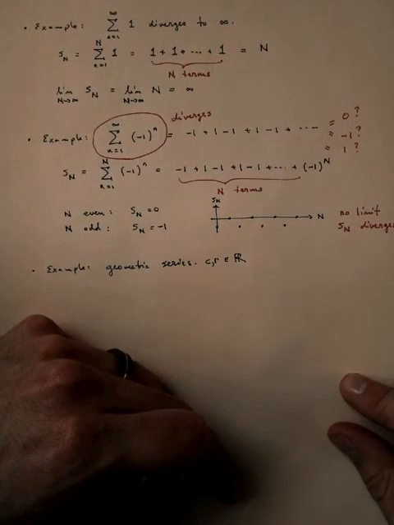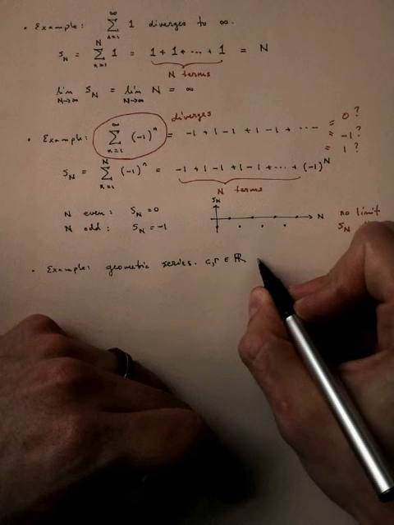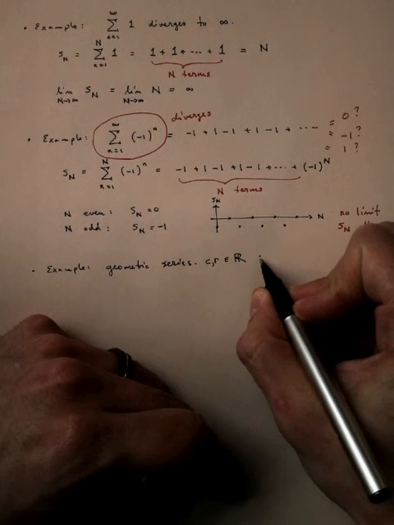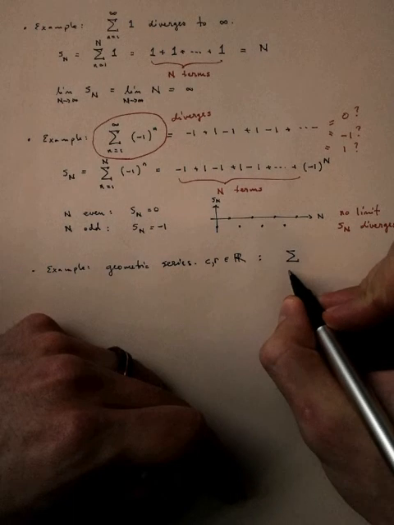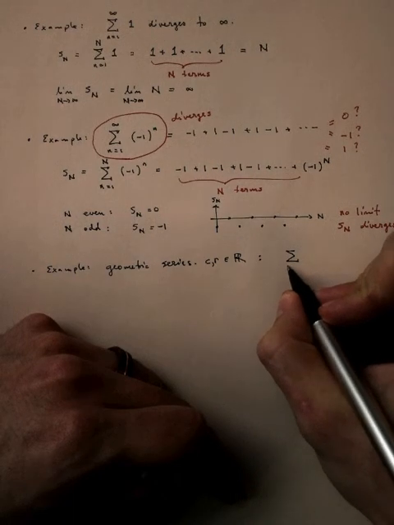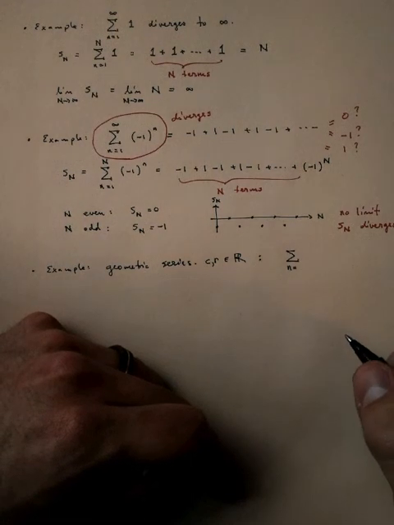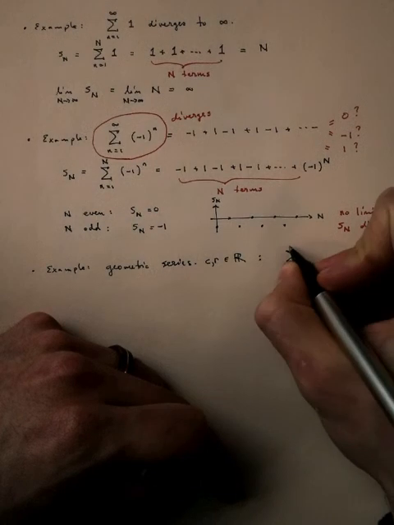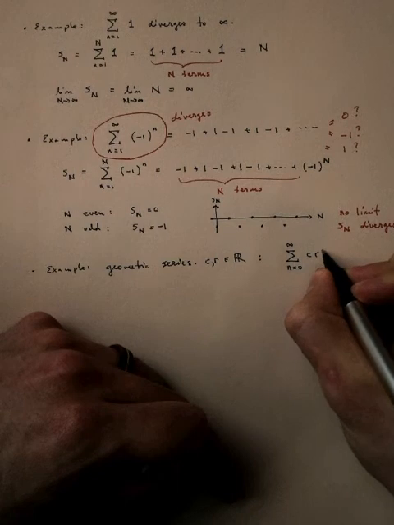So c and r are constants. So my geometric series looks something like this: the sum from n equals 0 to infinity of c r to the n.